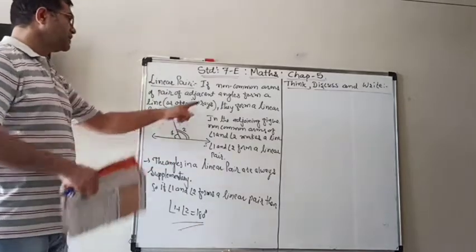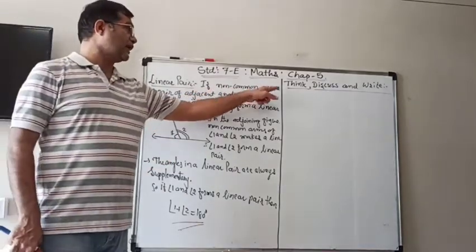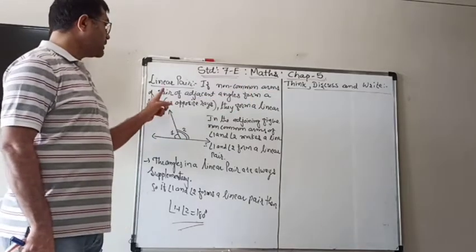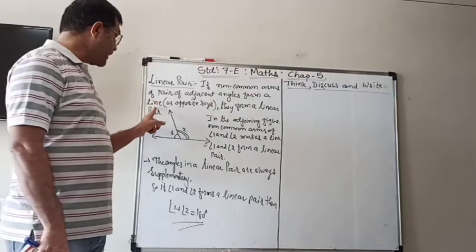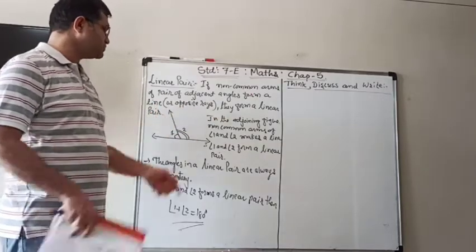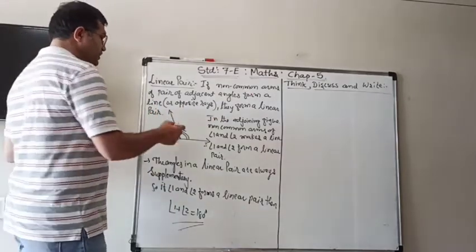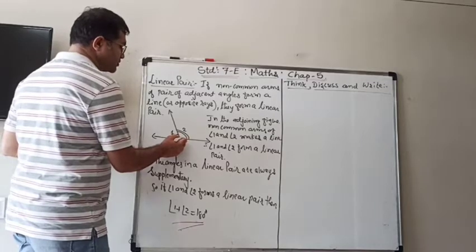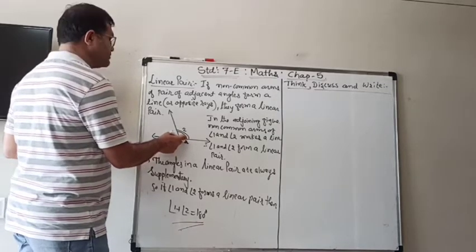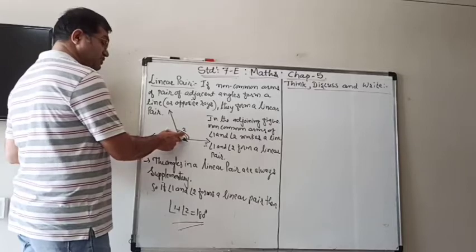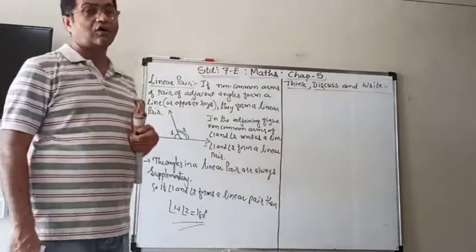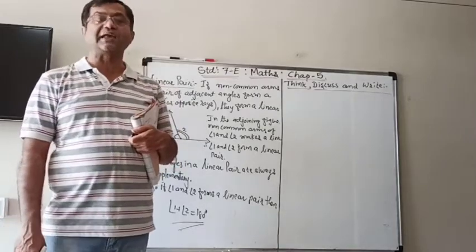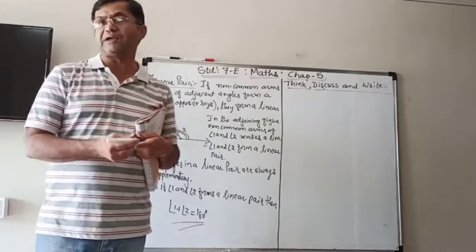Look at here. If non-common arms of a pair of adjacent angles form a line or opposite rays, because here you can see that they are known as opposite rays also, because they are coming from the same initial point, but they go in different opposite directions to make a line. So rather you can say a line.